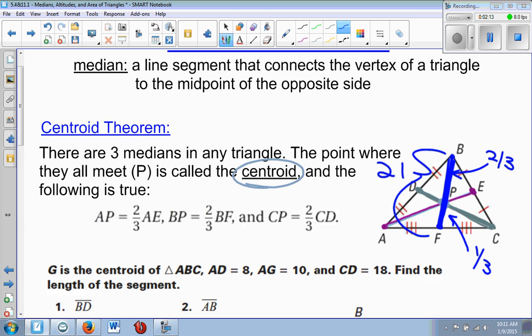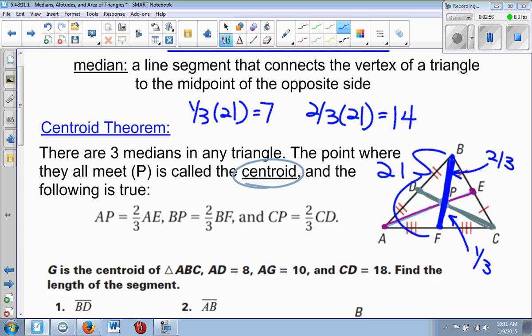So if I wanted to know what BP was, I would take 2/3 times 21, and that would tell me that BP was 14. If I wanted to know the bottom portion of the segment, from P to F, that portion is 1/3 of the entire length. So I would take 1/3 times 21, and I would get a length of 7. So you've got that relationship, that the larger piece of the median is 2/3 of the whole length, and the smaller portion of the median is 1/3 of the entire length.